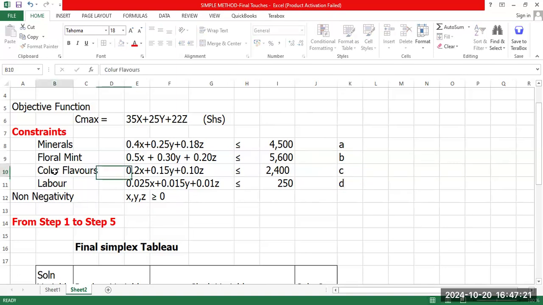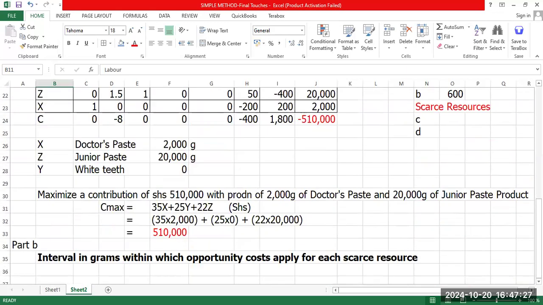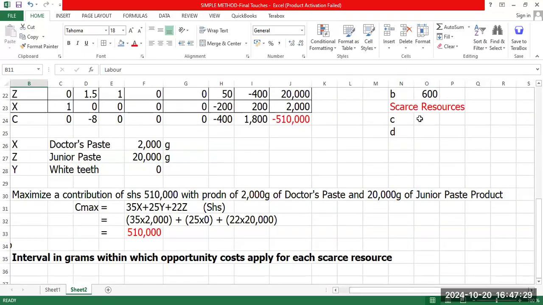So it means that here, color flavors and labor hours are scarce resources.